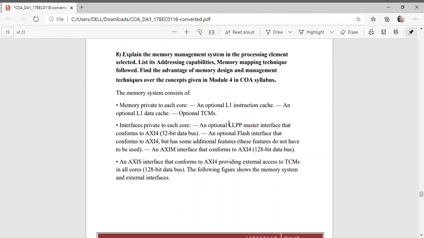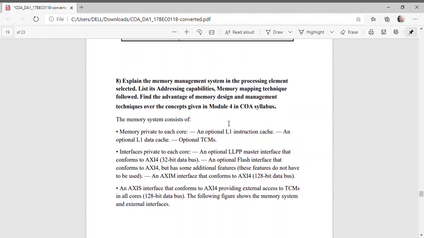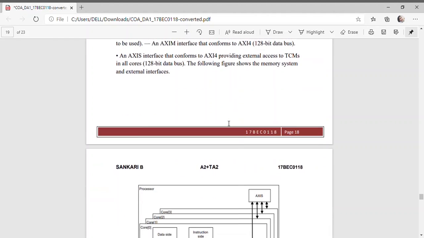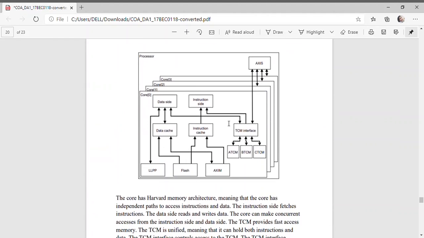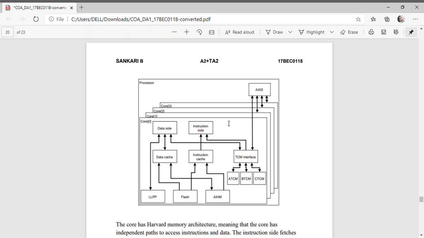So here the core has memory which is private to each core, and an interface which is private to each core, and an interface that connects to each of the cores. If you see this diagram, I drew this diagram again with the help of the reference.